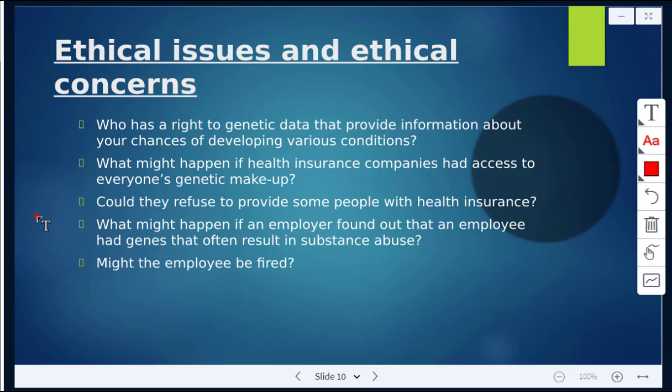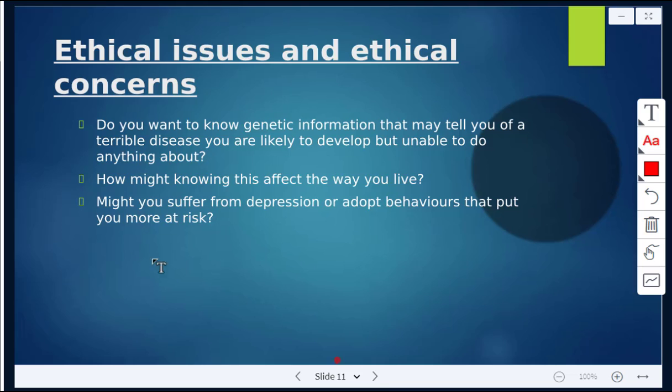What might happen if an employer found out that an employee had genes that often result in substance abuse? Might the employee be fired? So a lot of ethical issues and concerns with genetic research.